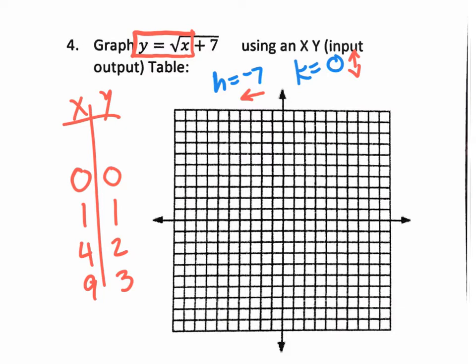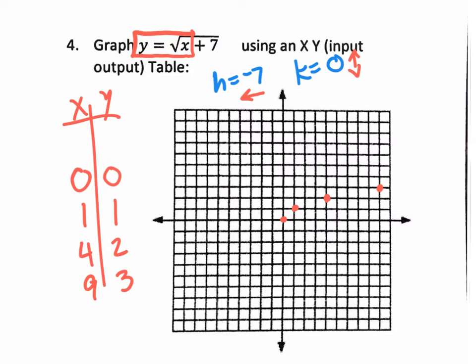So you could just plot them 0, 0, 1, 1, 4, 2, and 9, 3. So there's my original parent graph of a square root function. And now let's shift them, every single one of those, over 7 units. So this guy, you're going to go 1, 2, 3, 4, 5, 6, 7 right here.